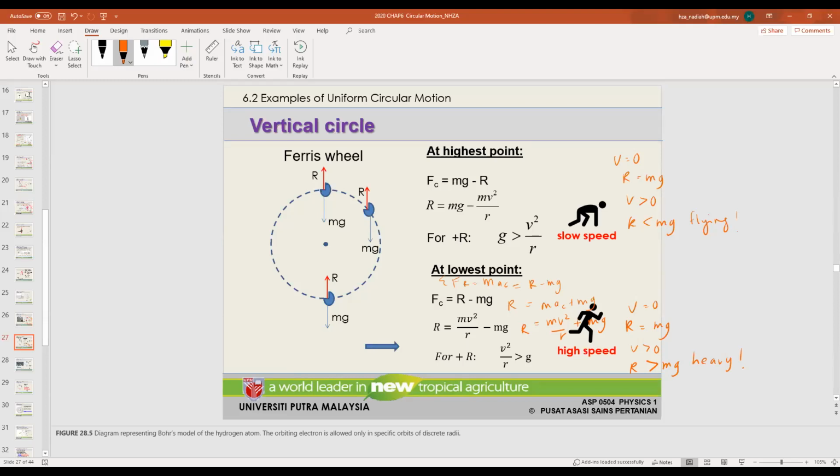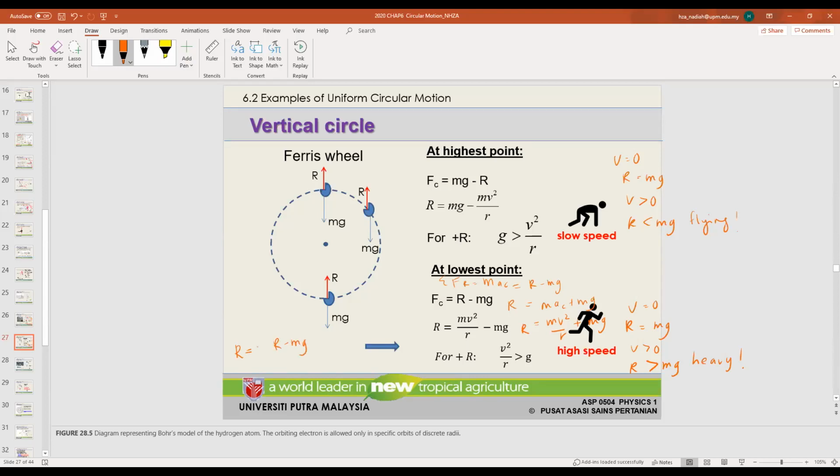Doctor, for the lowest point, is the equation R equals mv squared divided by R plus mg, or minus mg? Again, let me write it. At the lowest point, Fc equals R minus mg, right?